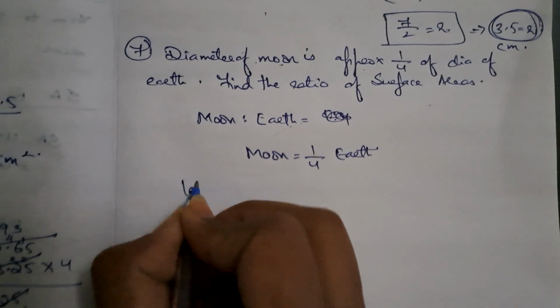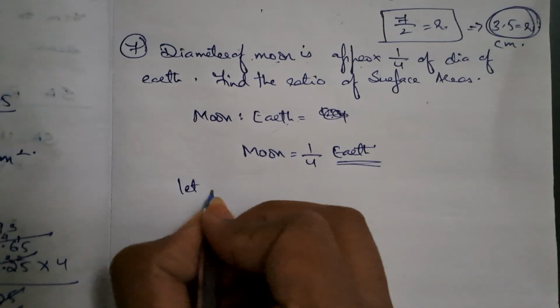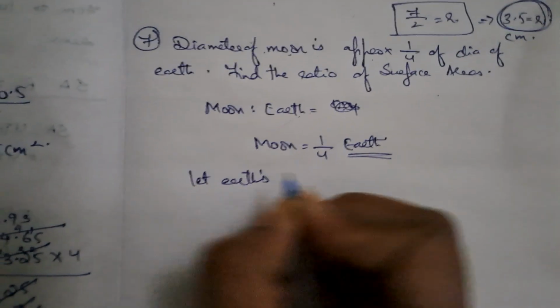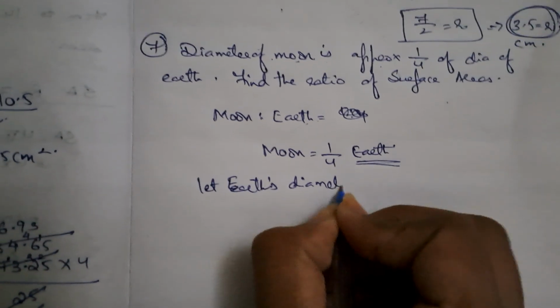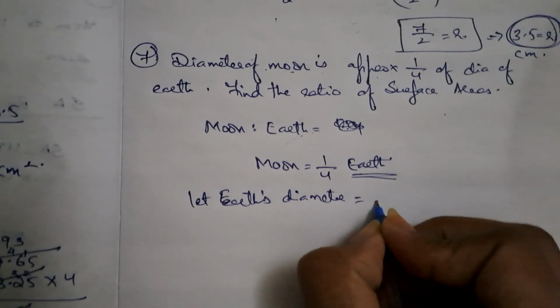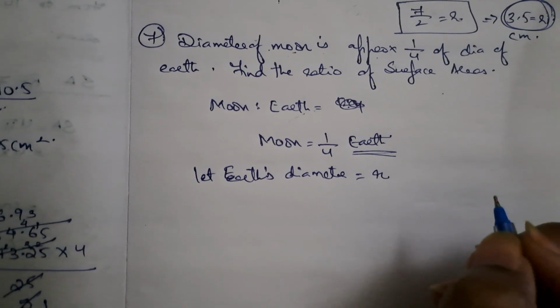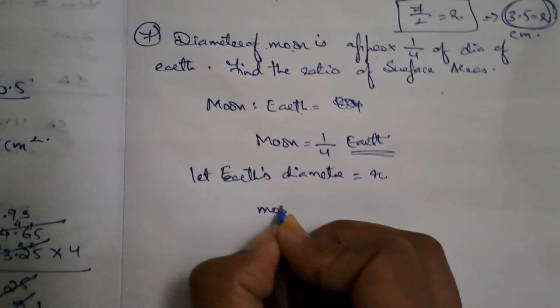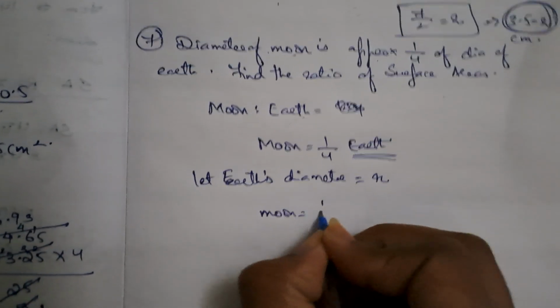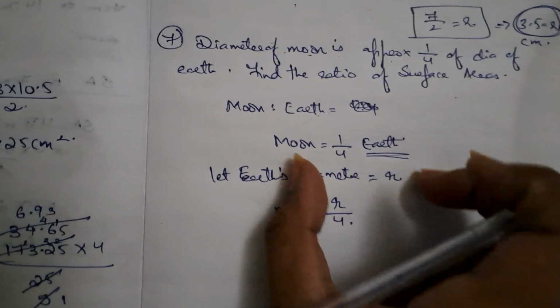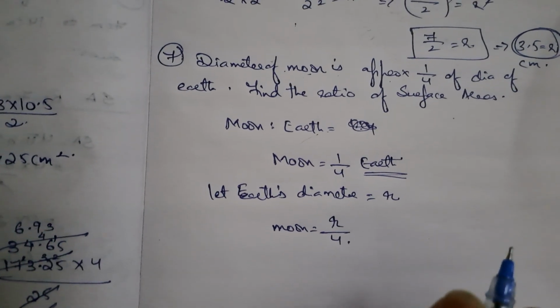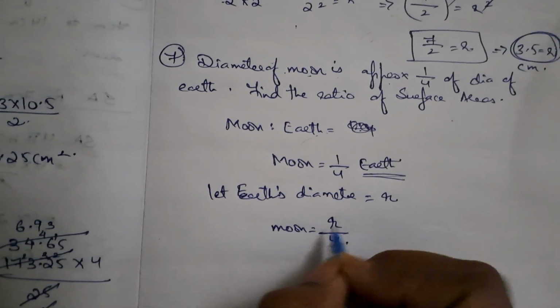So we'll consider, because earth is obviously bigger, let its diameter be r. So moon is r by 4 would be the answer we get. Fine, I know the diameters now.